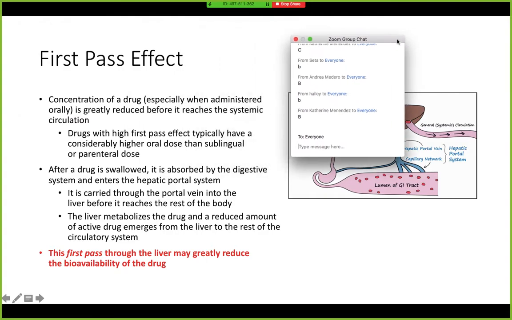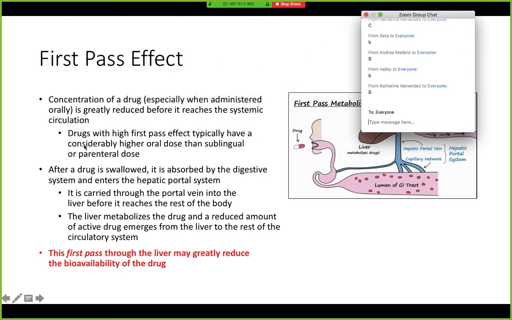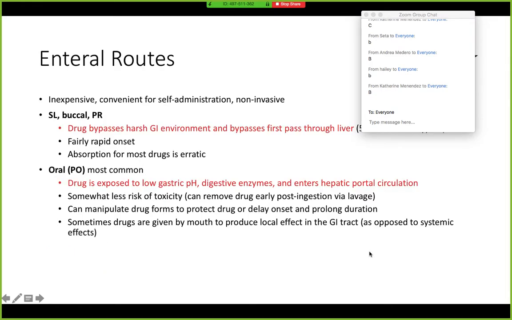So the reason that this is important is because drugs with a higher first pass metabolism are going to have a higher oral dose than sublingual or parenteral dose, like an IV dose, because you have to compensate for that first pass effect, because less drug is going to reach the systemic circulation, and less of the drug is going to be bioavailable.